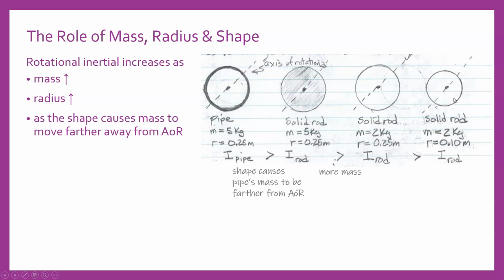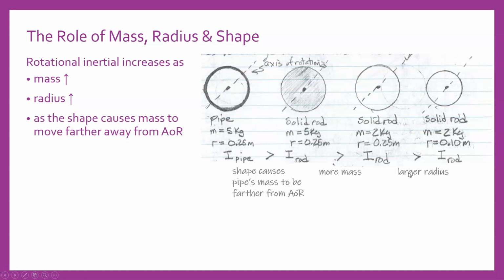And finally, here we have a solid rod. It has the same mass as this previous rod, but now the radius is only 0.1 meters instead of 0.25 meters. And this rod has more rotational inertia, even though it's got the same amount of mass.